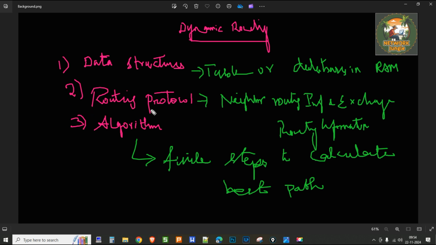Based on the routing protocol, it shares the information between the routers. Then the algorithm calculates the routes and determines the best path. It is also maintained in the routing table. Then the lowest cost AD value will be selected for the best route.